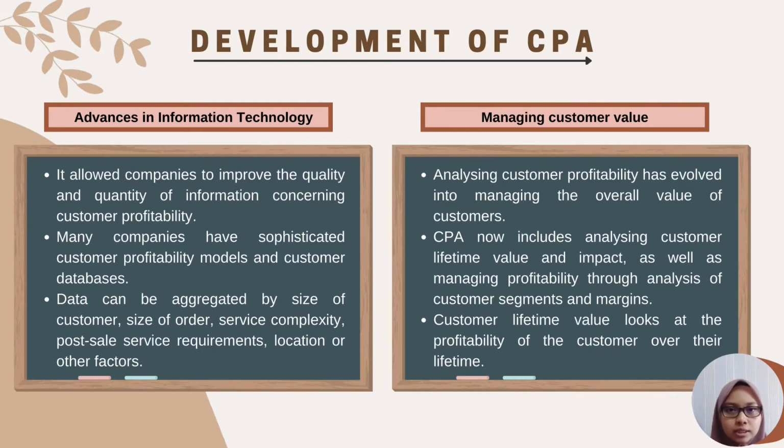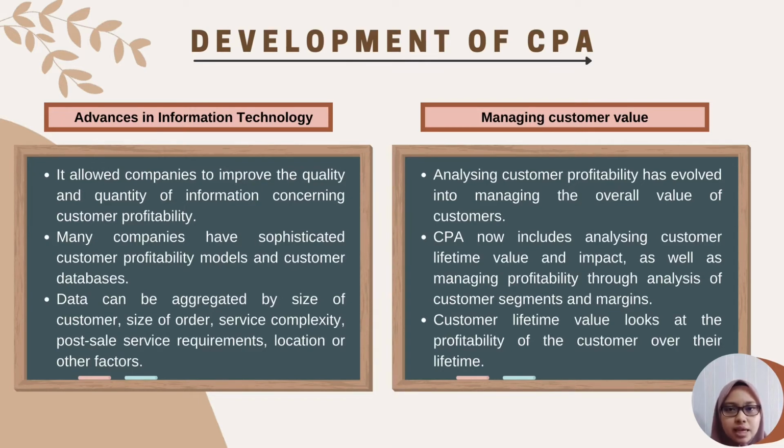companies to improve the quality and quantity of information concerning customer profitability, including information on revenue, cost, retention, and lifetime value. Many companies have sophisticated customer profitability models and customer databases. This can be designed for any type of business and to accommodate different customer characteristics.